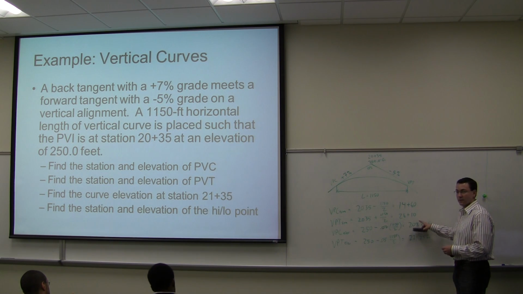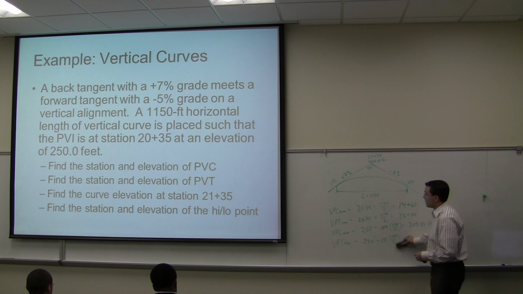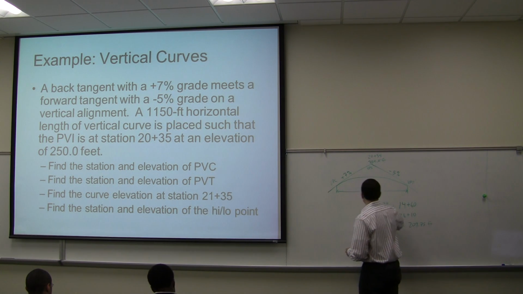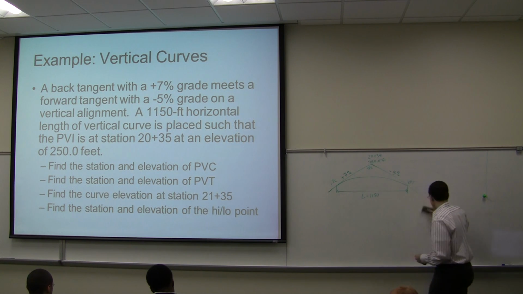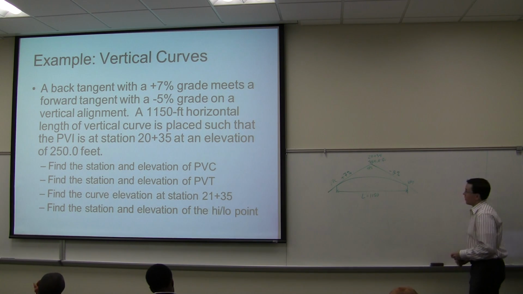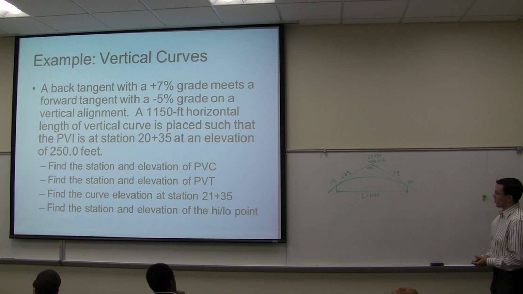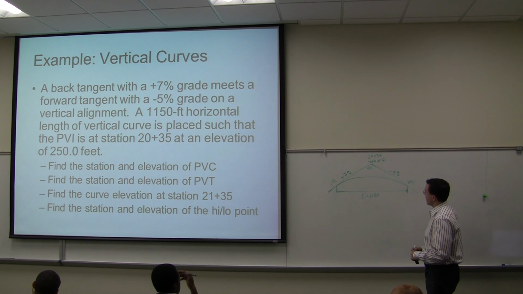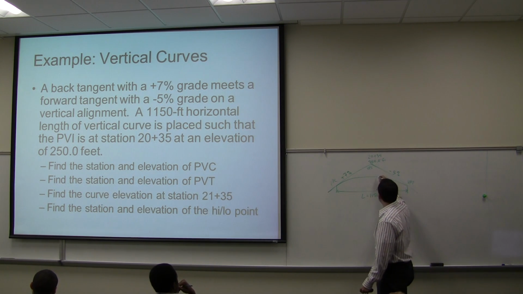Everybody got this? So now we want to find the curve elevation at station 21 plus 35. The first thing we want to know is where on the curve station 21 plus 35 is relative to the VPI. We're going to be about 100 feet to the right of the VPI.